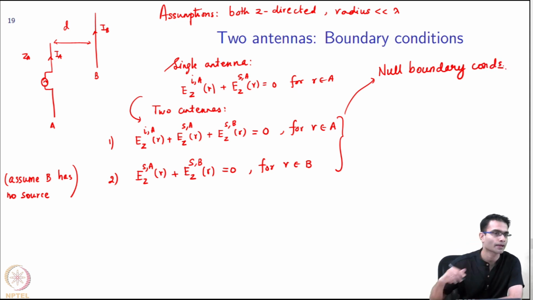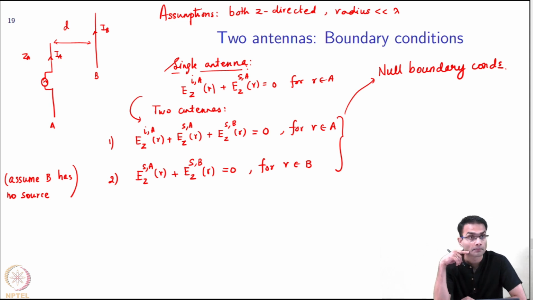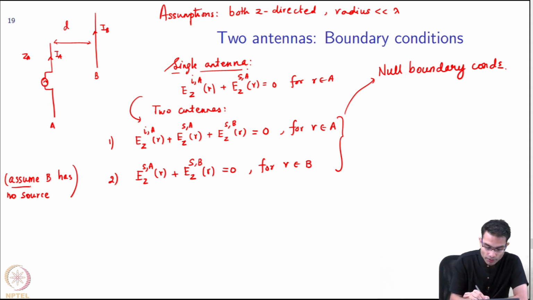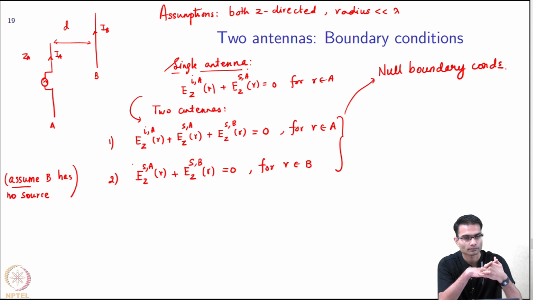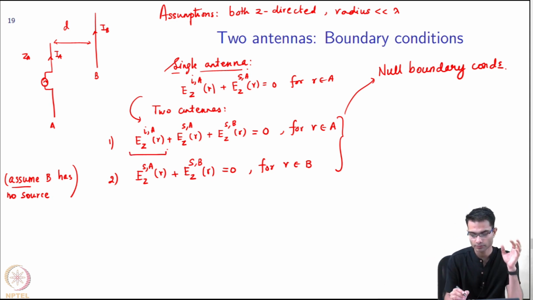Why do you get an incident field for B? No, I am just assuming. If there was, there will be one more term. We will add it, right? There is absolutely no difficulty. We can add a similar term Ez^i_B(r) to the left hand side of this.